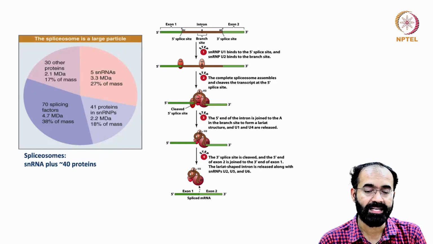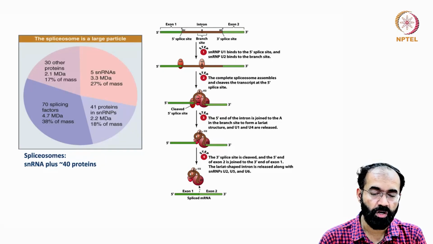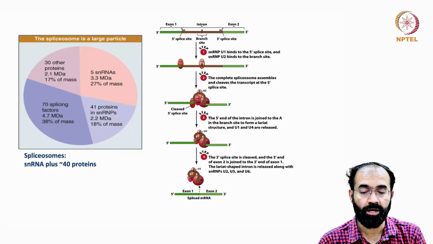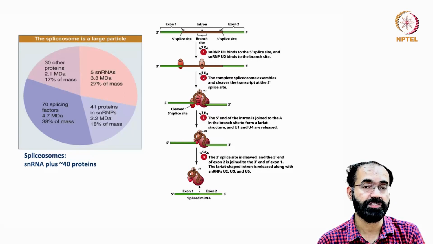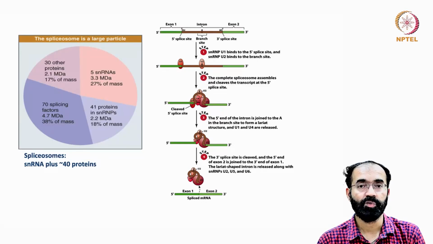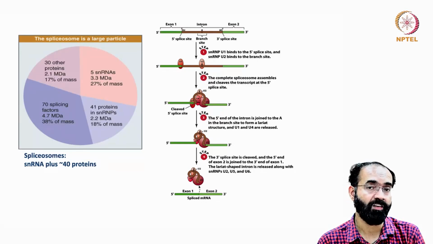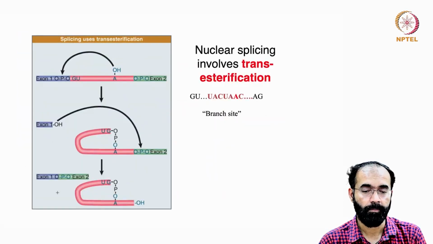The 3' splice site is cleaved at the 5' end of the exon 2 and is joined to the 3' end of the exon 1, and the lariat shaped intron is now released and it is free to go. The 3' OH of the exon 1 is very crucial in deciding where the fusion has to happen on the exon.